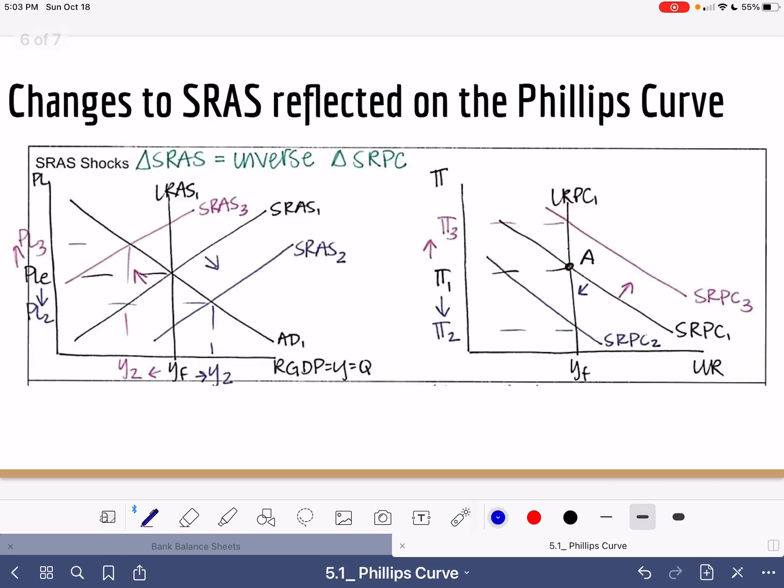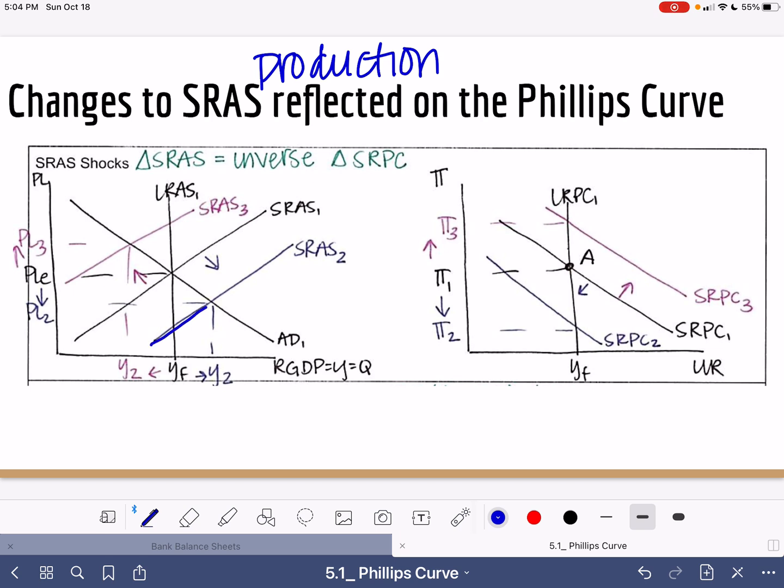Now if we look at changes to short-run aggregate supply, so any changes to production, we can also show those changes on our Phillips curve. So when we experience a change to short-run aggregate supply on our market economy, we're going to have an inverse change of our short-run Phillips curve.